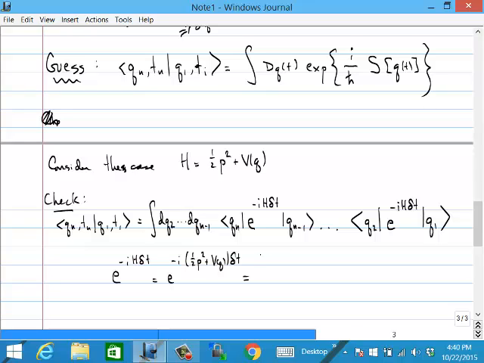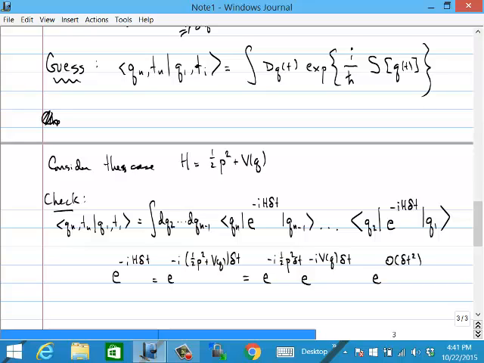So you'll get something that looks like e to the minus i (1/2) p squared times e to the minus i V of q times delta t. And then you'll get subleading terms that are of order delta t squared.